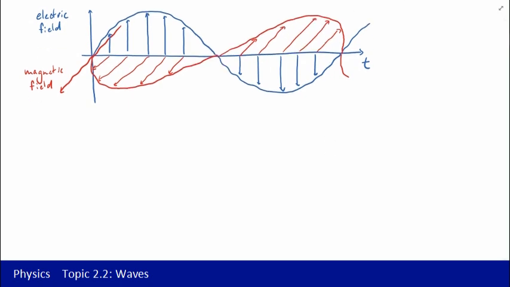One of the other issues here though is that in that diagram above we have the electric field only oscillating in one plane. That plane being up and down, or a vertical plane.